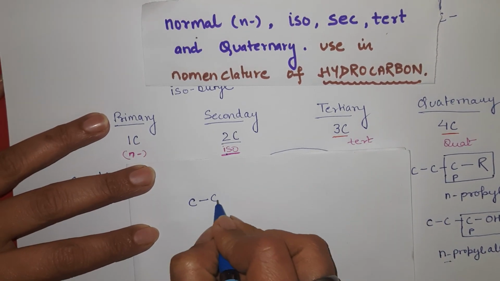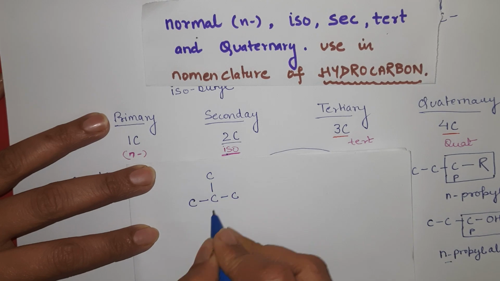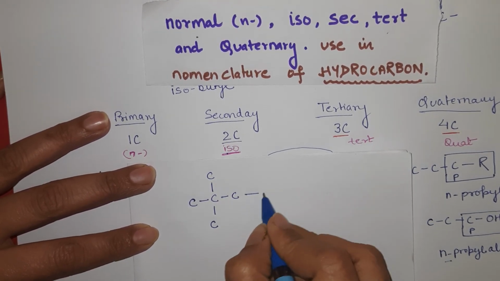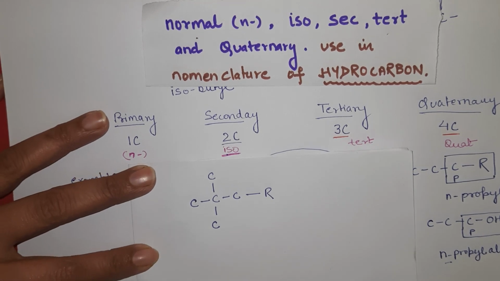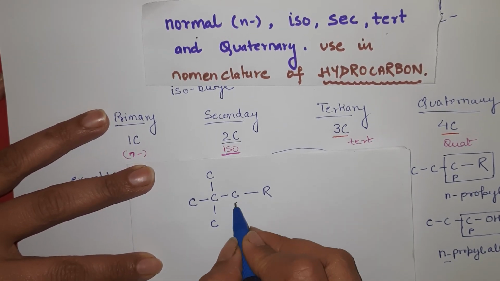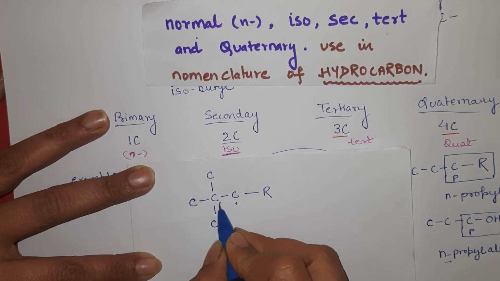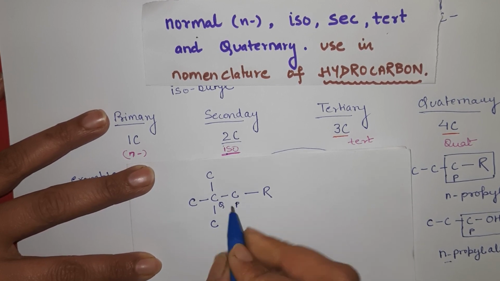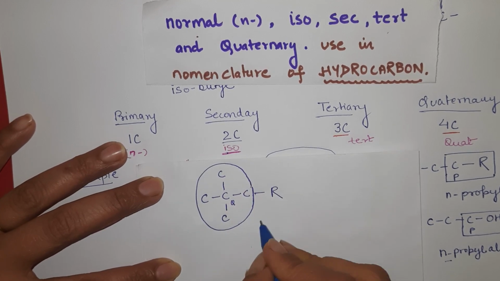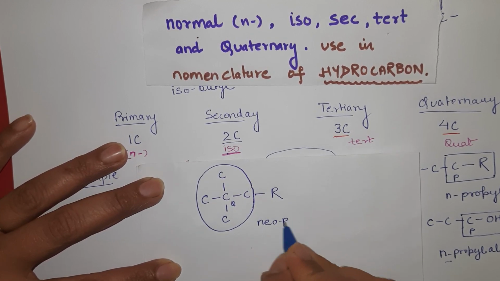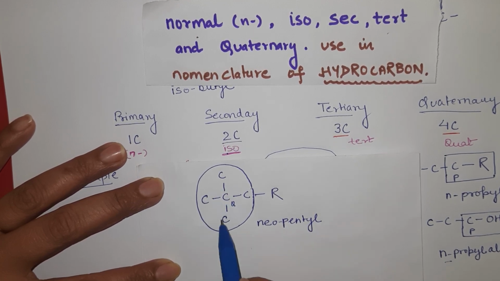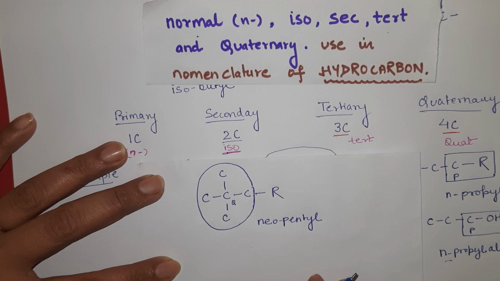And if we have a chain like this, an alkyl group attaches here. So as you know, this carbon is primary. Yes, this is quaternary. This is primary. But what happens? We treat it as a spherical and we name it as neopentyl, because there are 1, 2, 3, 4, 5 carbon.